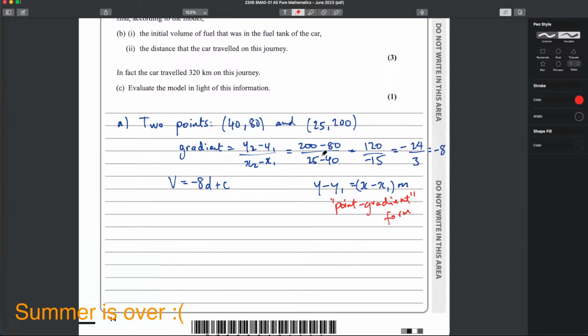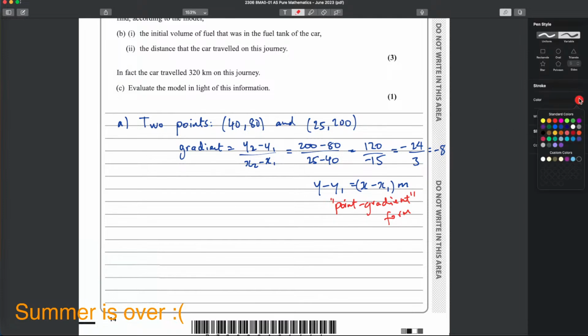So for example, you can plug in y1 here. Well, I guess you still need to find m. Yeah, and then you plug in any point and you get the equation. So actually, let's do it. Yeah, let's do it that way.